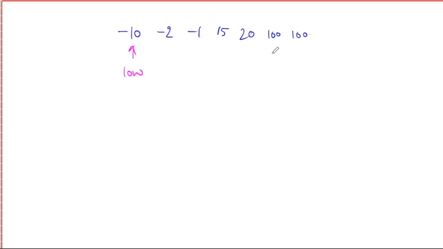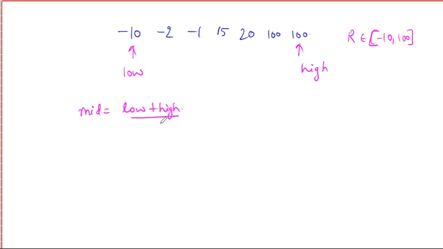So low and high, and let's write the range as well, which will be from minus 10 to 100. Then based on the range method of calculation, let's say mid is taken as low plus high by 2.